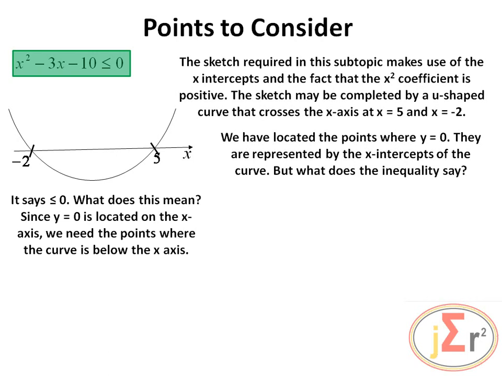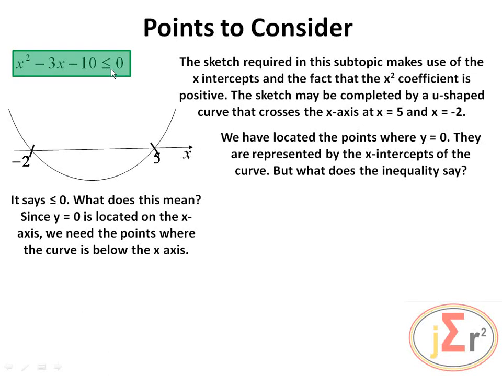Therefore, when we say y is less than or equal to 0, we are talking about the x-axis as our line of reference. Therefore, y is equal to 0 on the x-axis. The expression here is equal to 0 on the x-axis. F of x is equal to 0 on the x-axis. We are talking now about less than or equal to 0.